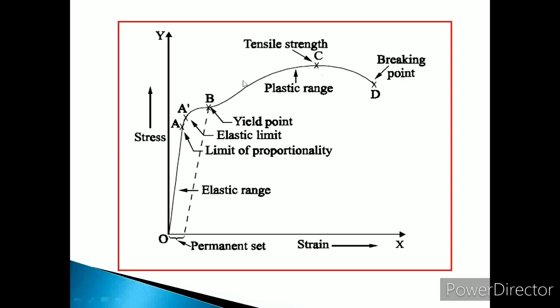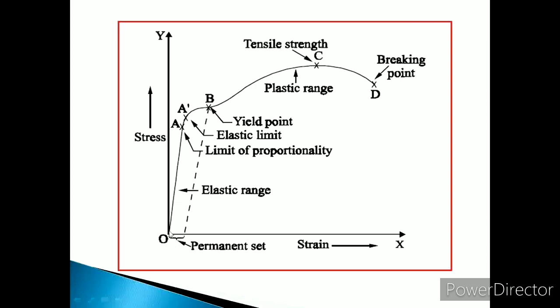Before this, from A dash to B, it was 50% plastic and 50% elastic. After the point B, the elastic property vanishes and it changes to fully plastic. So from B to C, the range is known as the plastic range. That is an important one.